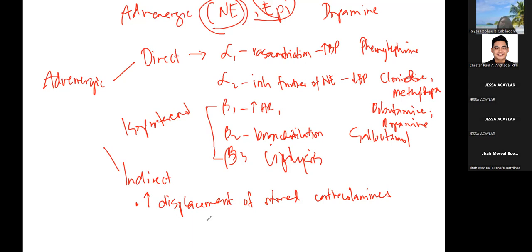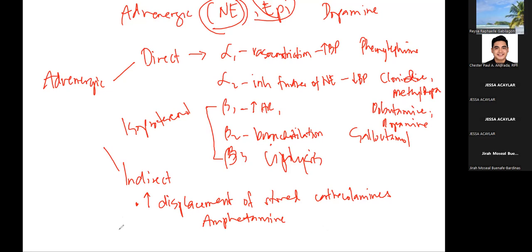So these are drugs like amphetamine and amphetamine-like drugs. Amphetamine, tyramine, which can be found in our food, like chocolates and wines. Tyramine can cause displacement of our stored catecholamines in our nerve cells. Okay? Again, leading to an increase of norepinephrine in the synaptic cleft.